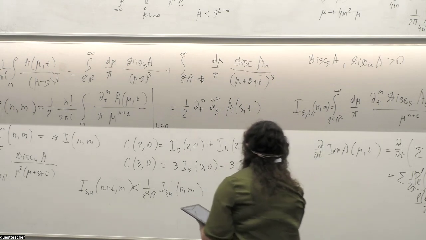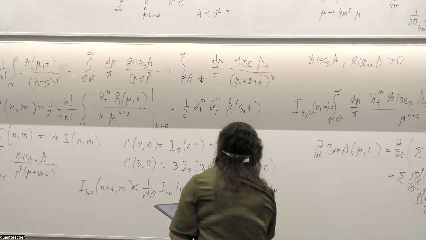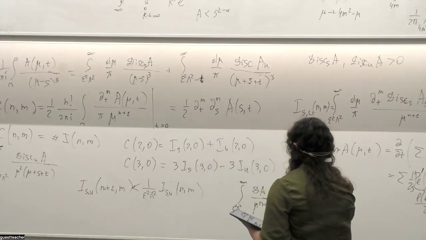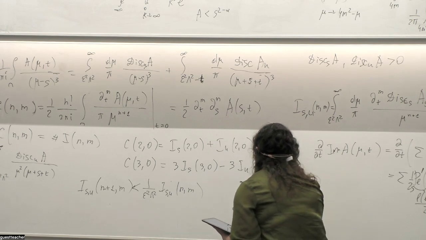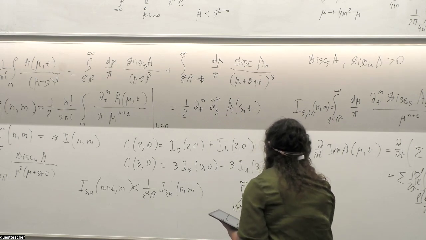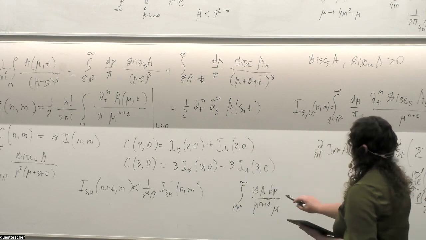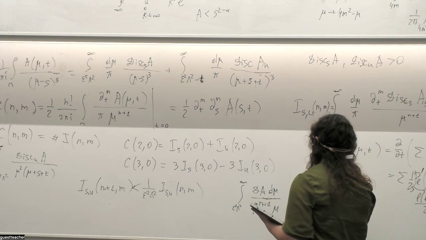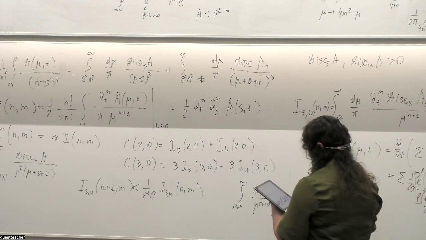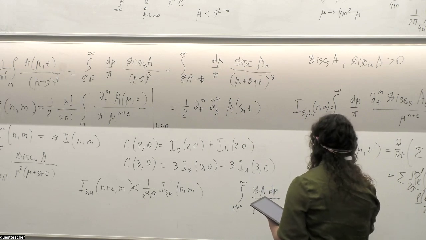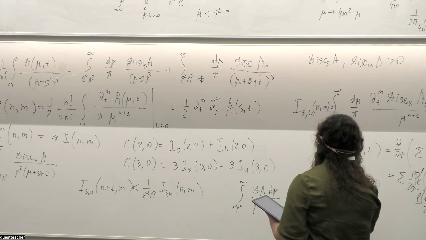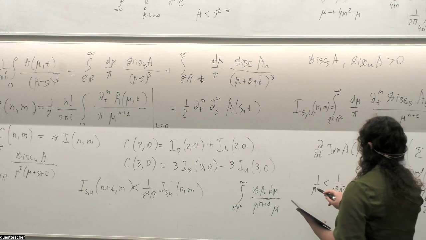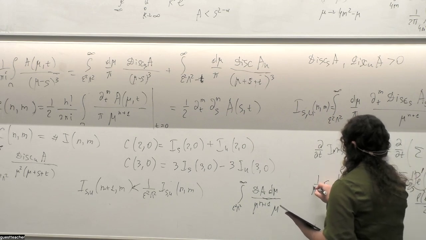And since it's an integral starting from epsilon squared lambda squared to infinity, it will be mu to n plus 1, d mu. And this function, 1 over mu, is always less than 1 over epsilon squared lambda squared, because mu is growing and this is becoming less and less.